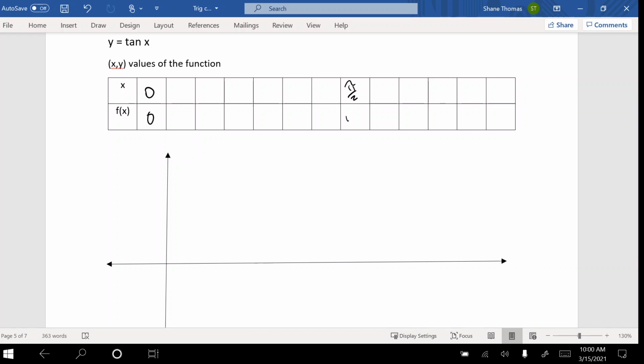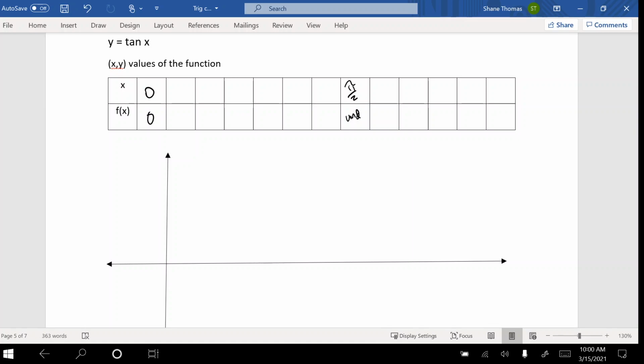You're going to get undefined. So that feels weird, doesn't it? That's the middle of a period. That's why I use that, and that's why I skipped ahead. We're going to fill in the ones in between those 2 numbers, like I skipped 6 of them. All right, so there's something weird going on at pi over 2, right? For it to be undefined, it doesn't feel right.